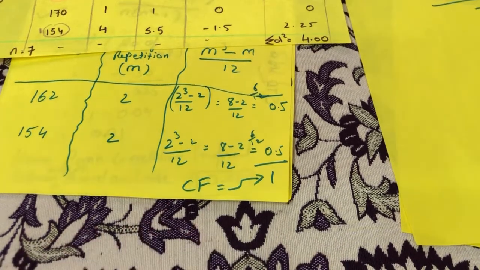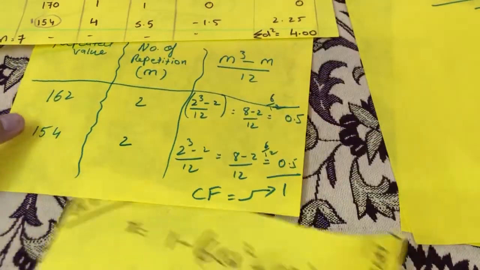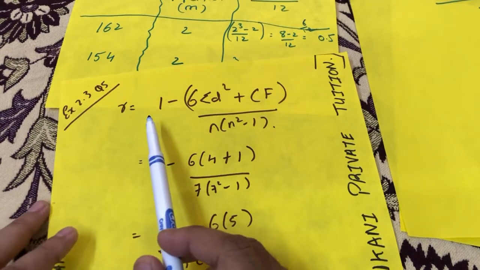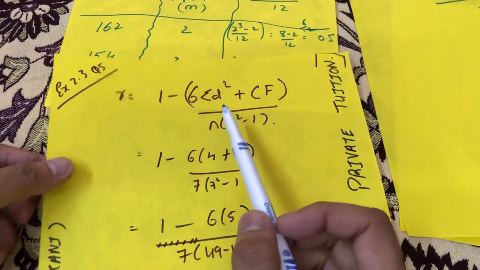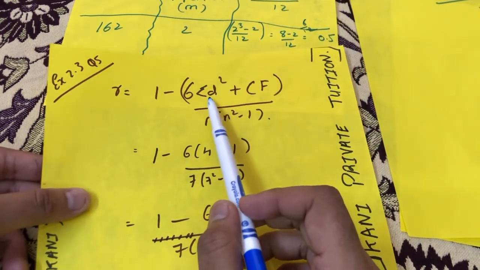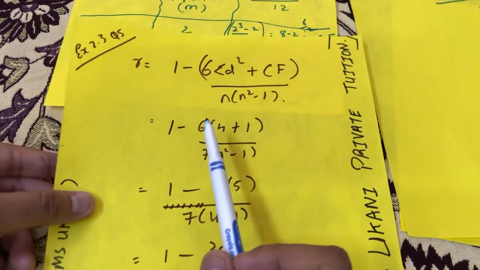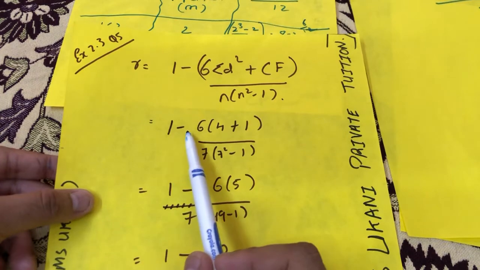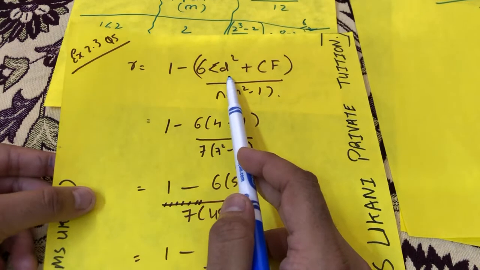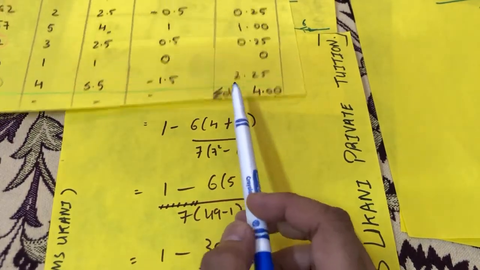Okay. So now we will put in the formula, see over here, the new formula for Spearman rank correlation when a number is repeating. 1 minus 6 summation d square plus CF upon n square minus 1. Now 1 minus 6 times summation d square, which we have already found in the sum, is 4.